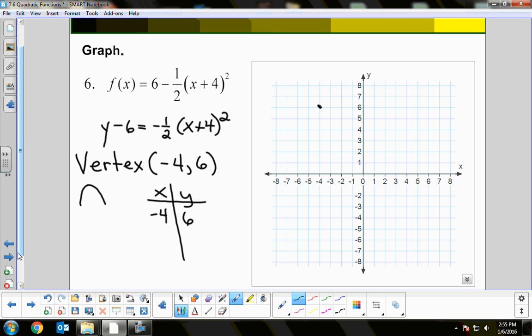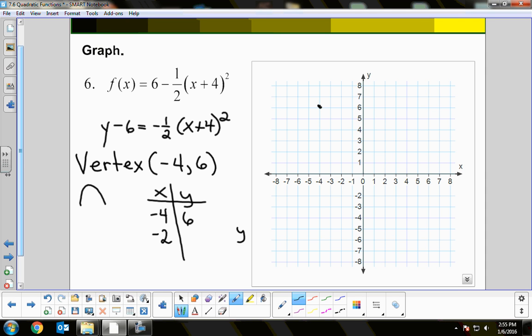So I'm going to try to keep x even because of this -1/2. If I have x be -2, what do I have? I'll do it over here.